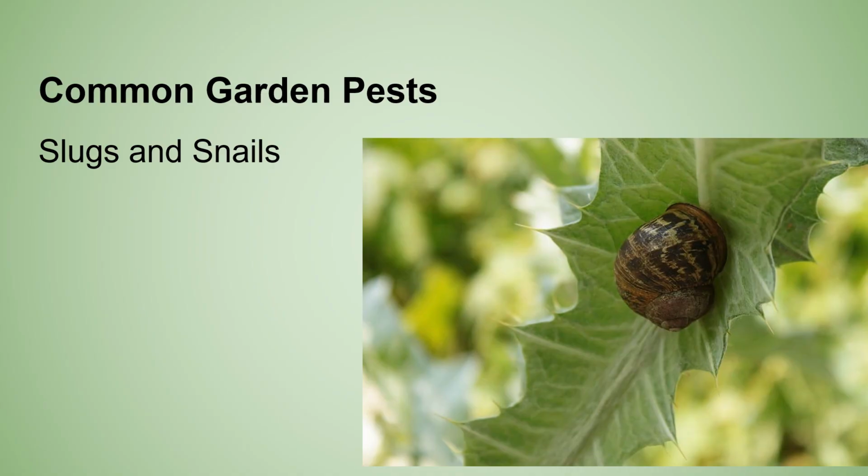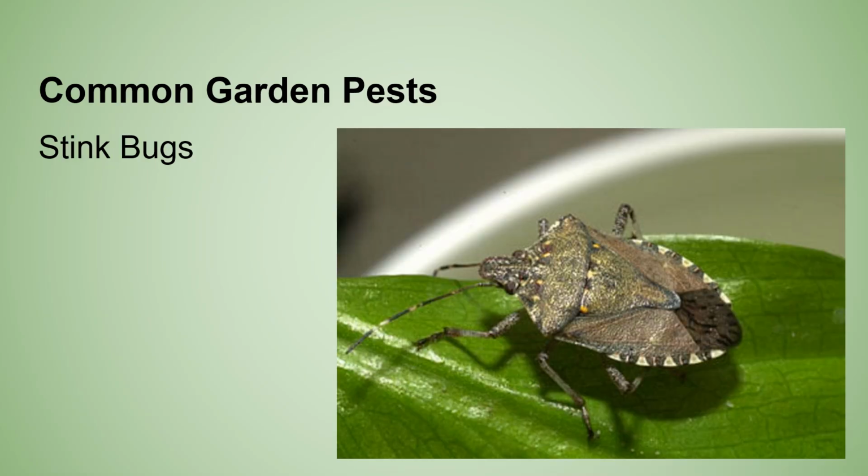They feed on the leaves. The stink bug, those are some of the pests. You can see beetles sometimes, and again, as I've said, these pests affect the overall yield of your plant.